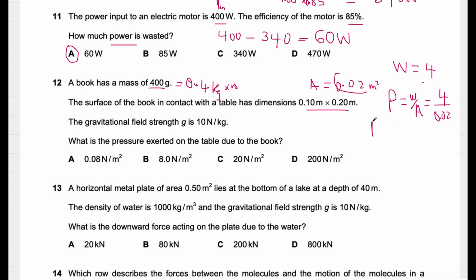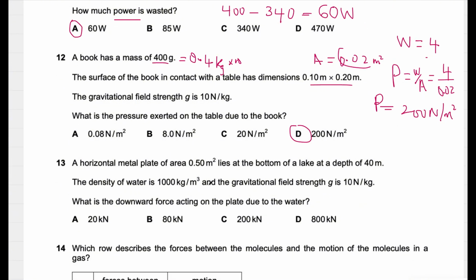So what's our pressure? We get 200 Newton per meter square. So our answer is D, 200 Newton per meter square. Not 400, 200.